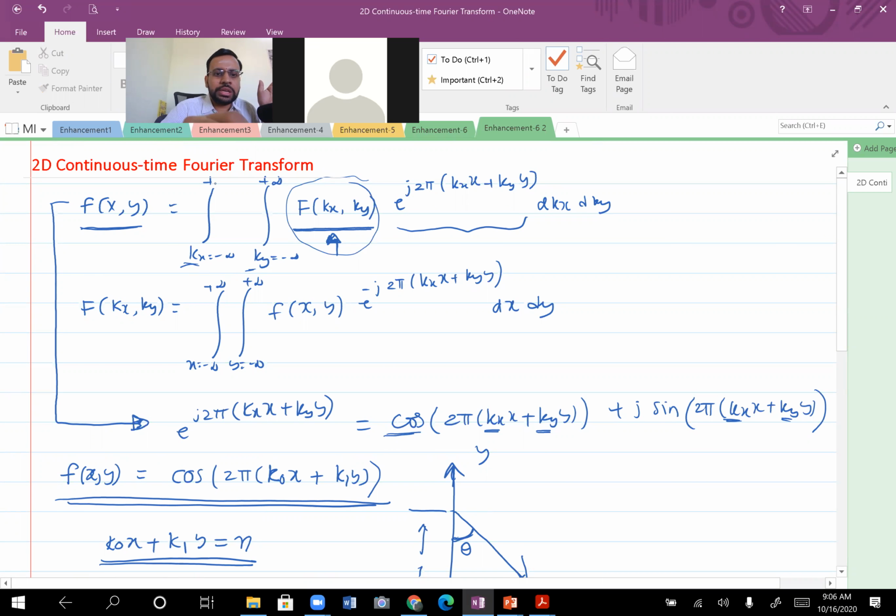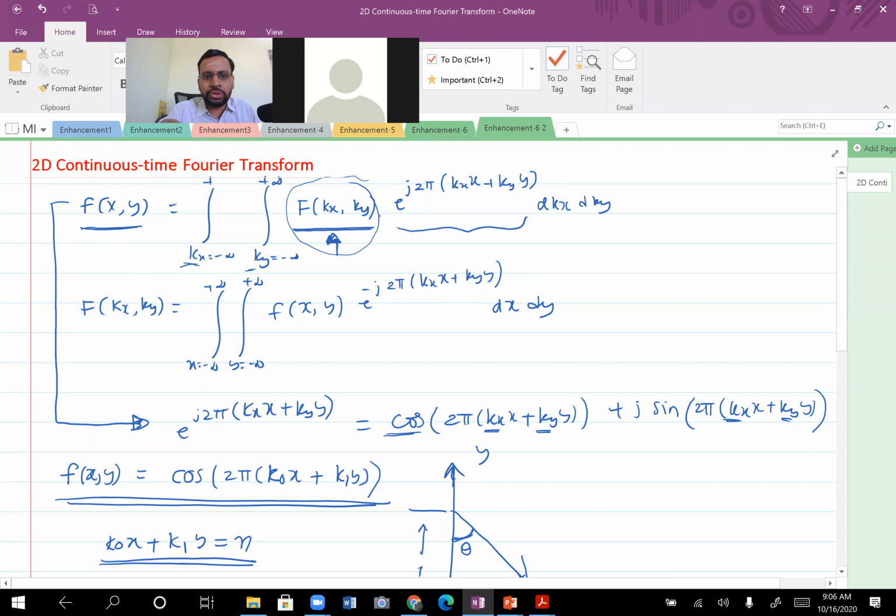To get an intuition, substitute what you got in place of F of kx comma ky. It has values only at these 2 points, k naught, k1 and minus k naught, minus k1, right? And that value is 1 by 2, because that multiplication factor is there.